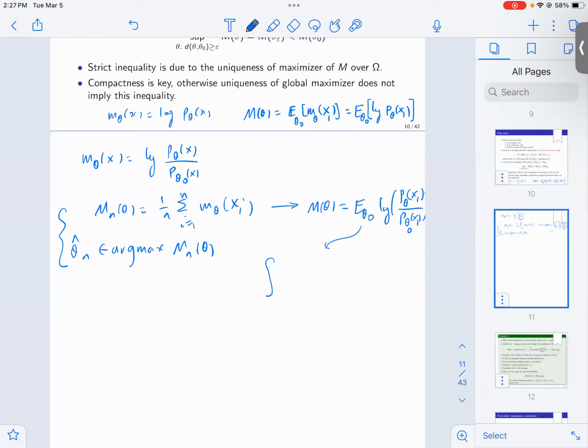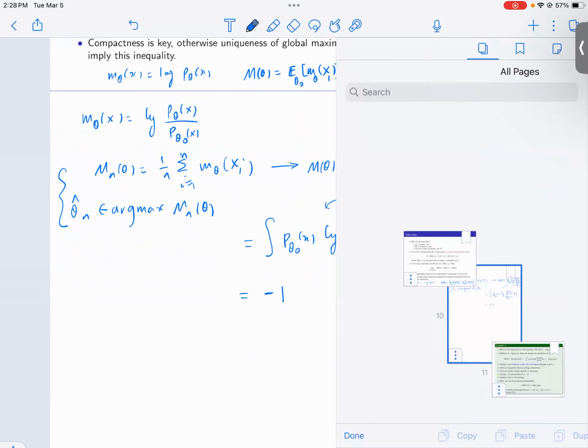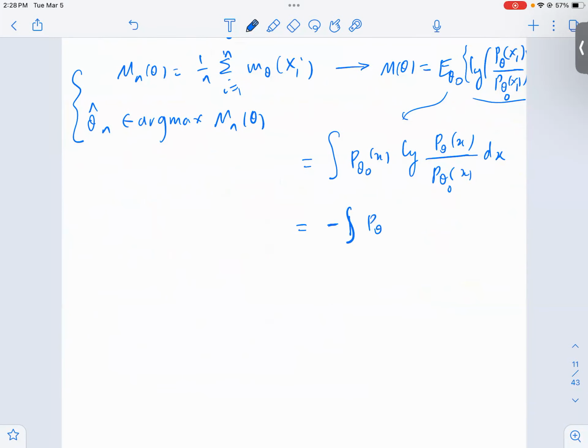It can be written as the integral of p theta naught of x log of p theta of x divided by p theta naught of x, so we integrate against the density p theta naught, dx or d mu of x if you want, with respect to the Lebesgue measure. So this is really the negative of, let me redo this as well, I can flip the two sides: p theta naught of x log of p theta naught of x divided by p theta of x dx.